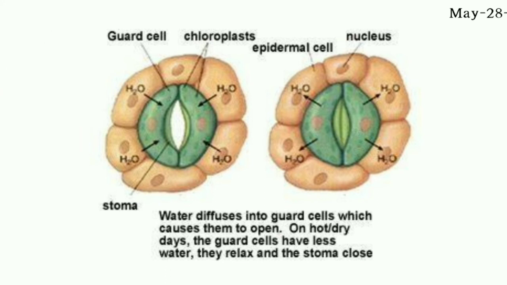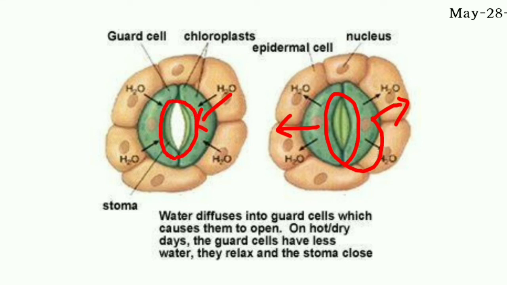Here we can see the water is present, H2O. Now if the water moves out of the guard cell, it will shrink, its surface becomes small, and we can see the stomata will be closed. Here it will swell and the stomata will be open.